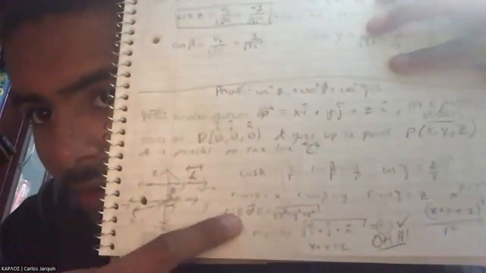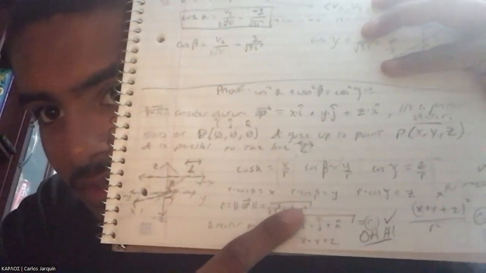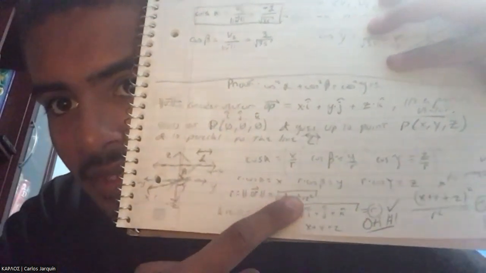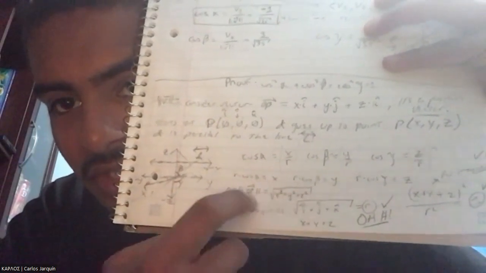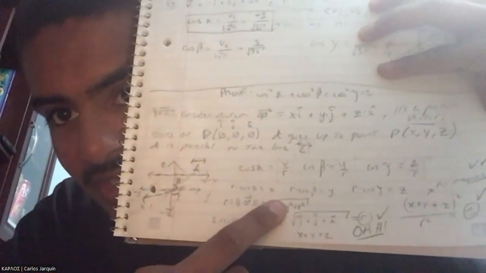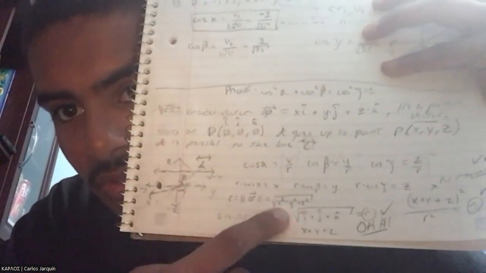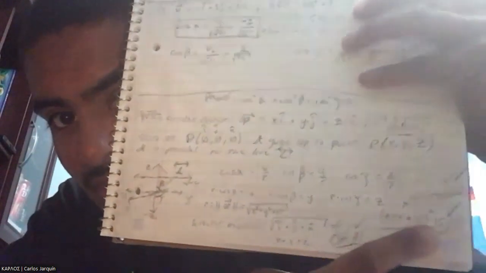So r right here, x squared plus y squared plus z squared, is equal to r, the magnitude or the length of the vector. But because we square r, we square that away. So pretend the square root never existed. So we would have that, and then the r squared. But because they're both the same, r squared is the same as this. If this was r squared, that means this would be this without the square root. So they're both the same. That's why it equals 1.